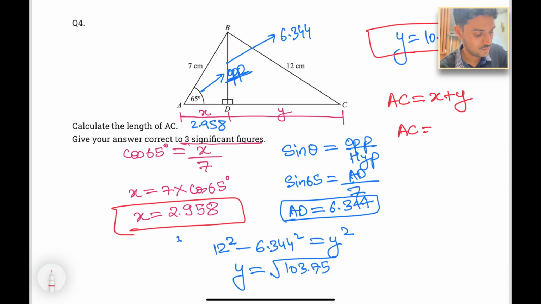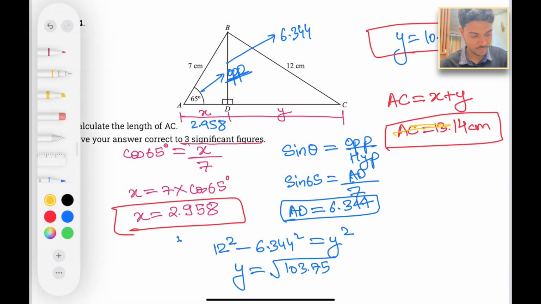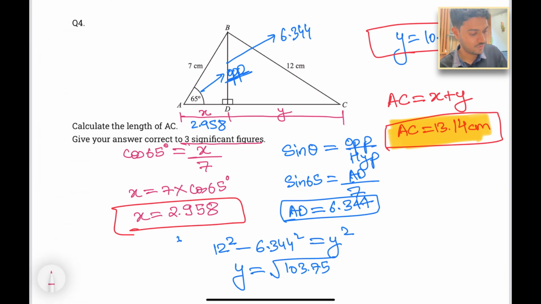So AC is 13.14 centimeters, and that's the final answer. This is the final answer, length AC, which is sum of x plus y. The y is 10.185.